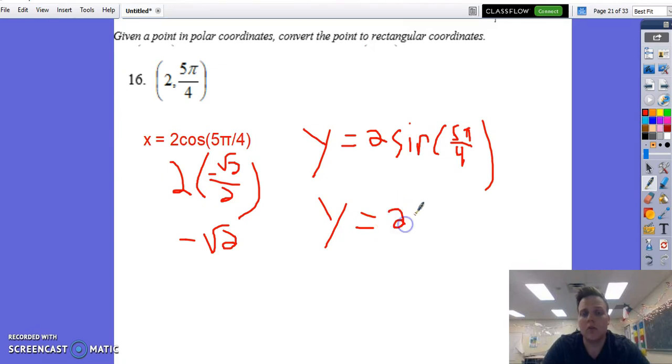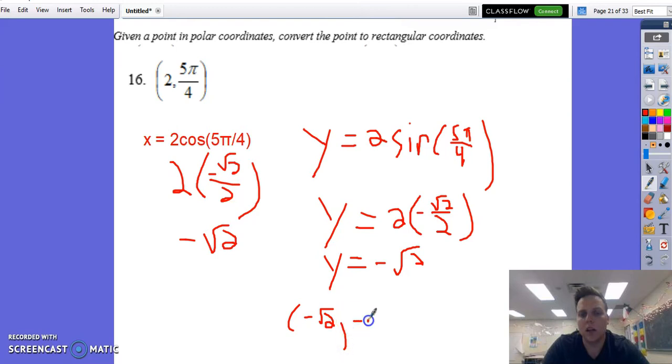So 2 times negative square root of 2 divided by 2. Well, the 2's once again cancel, and so you get that y is just equal to negative square root of 2. So then we get the point negative square root of 2, comma, negative square root of 2.